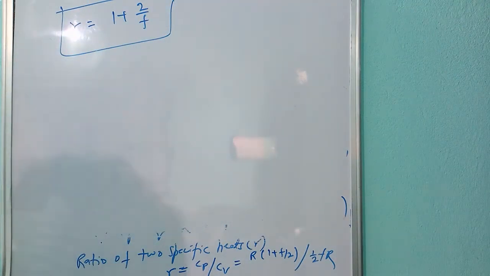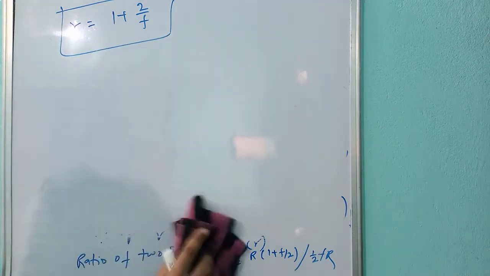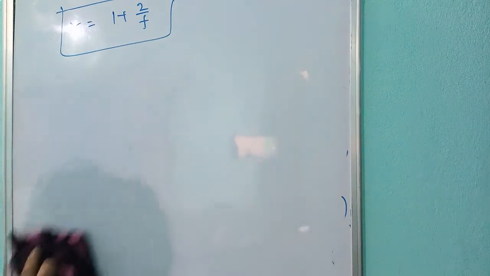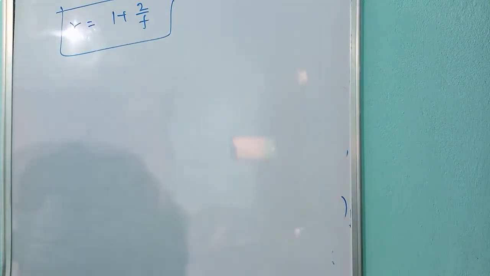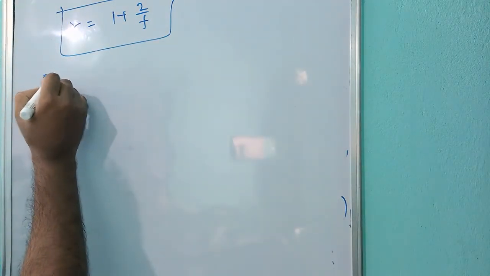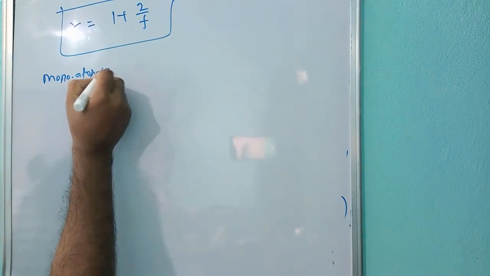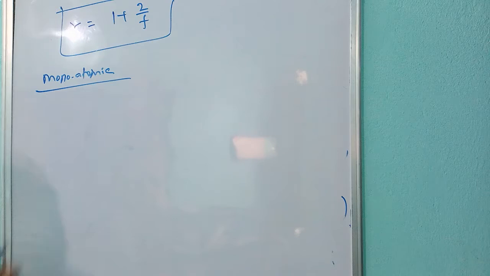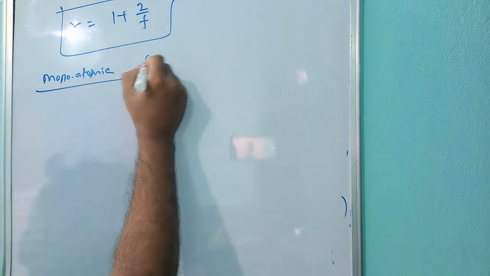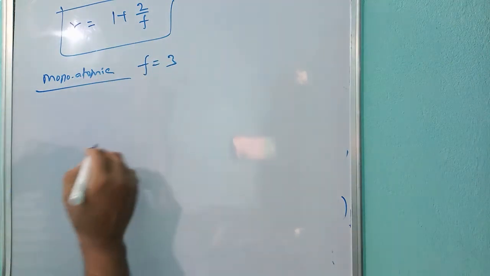Okay. Now we will see the monoatomic, diatomic and triatomic cases. In the case of monoatomic, degree of freedom f will be equal to 3.